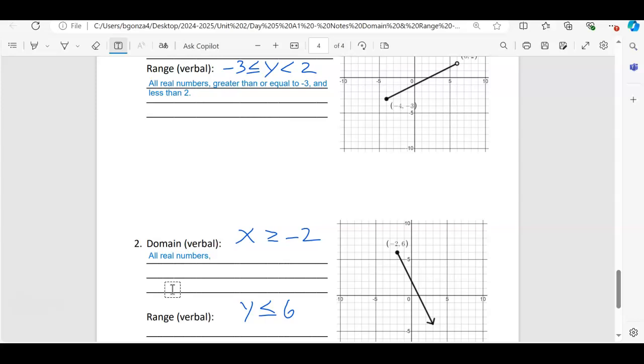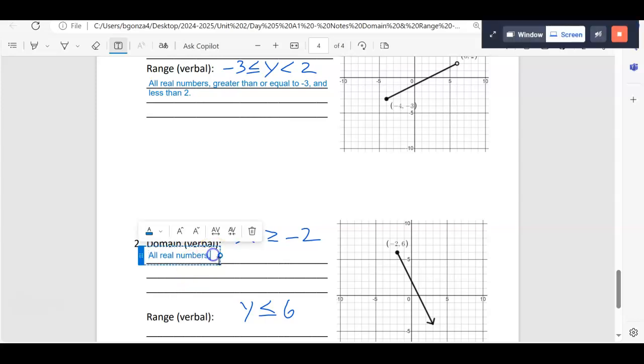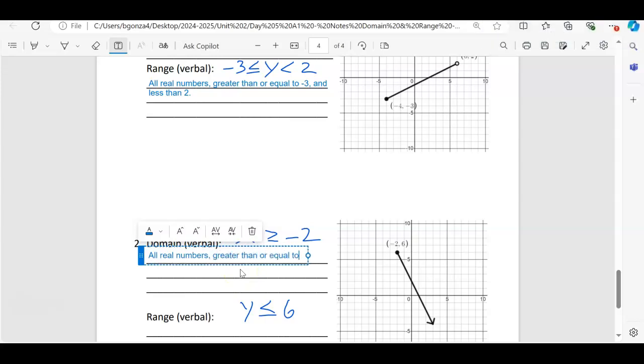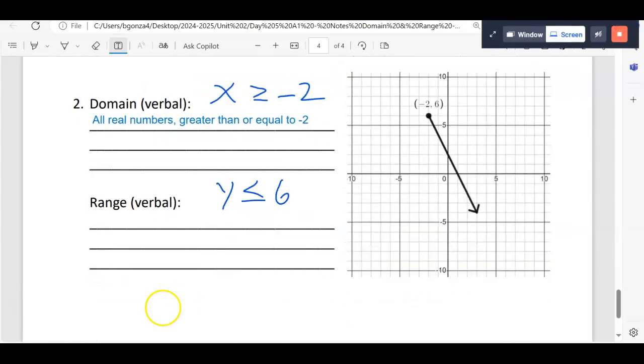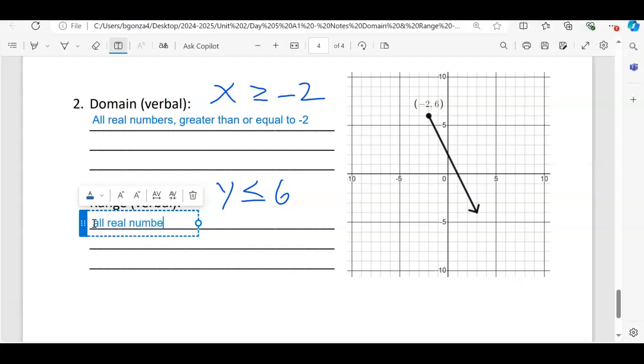Greater than or equal to -2. That's it. Since it's a one-sided inequality like that, greater than or equal to -2. Same thing with the range. All real numbers, what is that inequality though? This time it's less than or equal to 6.